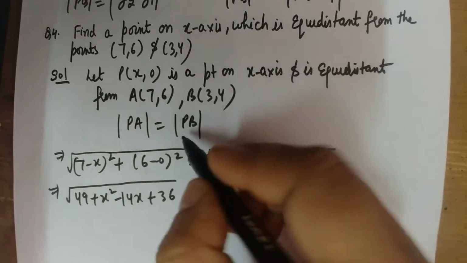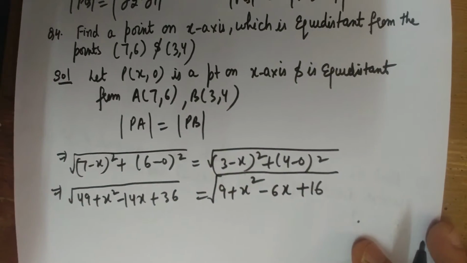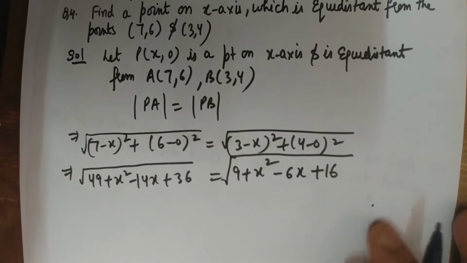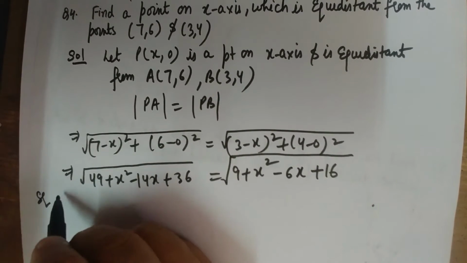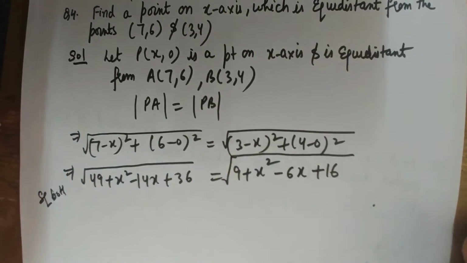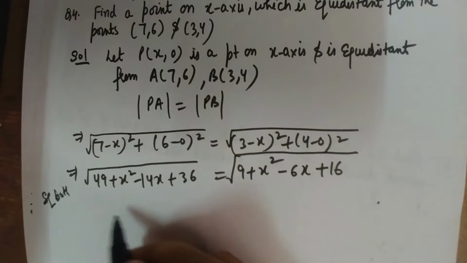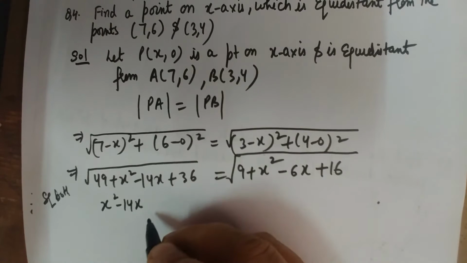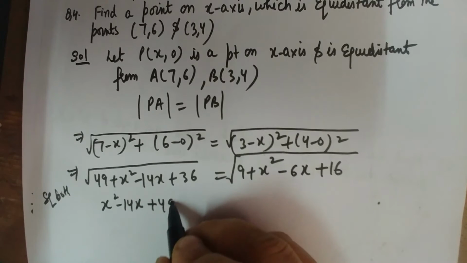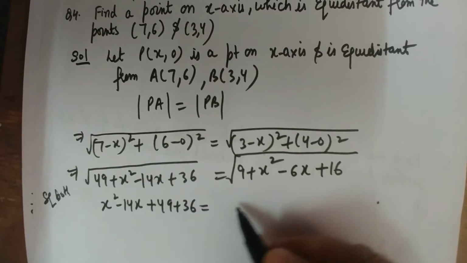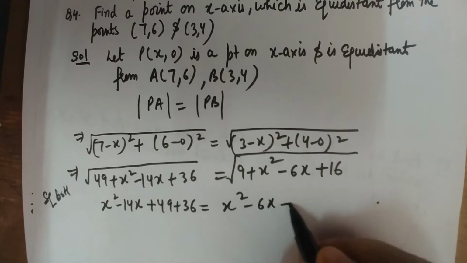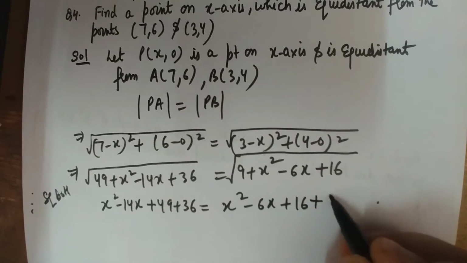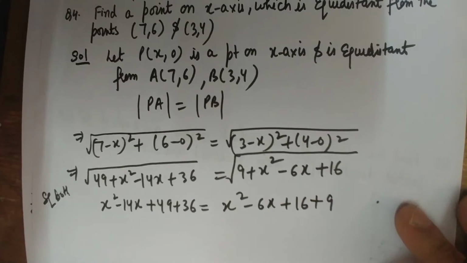So we may consider even from here also PA square equal to PB square. That way also we can take, but now we can square both sides. What do I get? I will get x square minus 14x plus 49 plus 36. This is equal to x square minus 6x plus 16 plus 9. You can write this as 25 also, right?